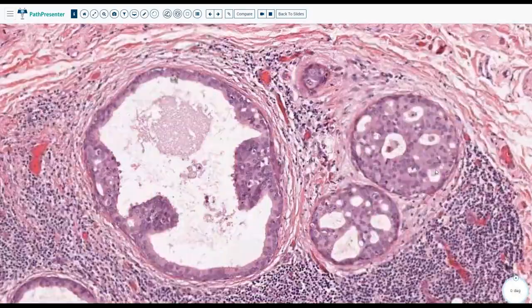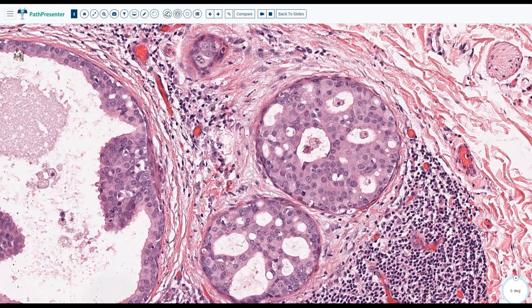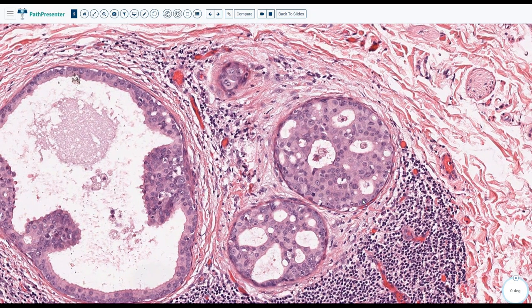If somebody gives you this in the exam, just this picture, what would your diagnosis be? If all they give you is this. Yes, ductal carcinoma in situ. Well, you can argue for ADH, but I think this and this are enough to call it more than two, to call it ductal carcinoma in situ.